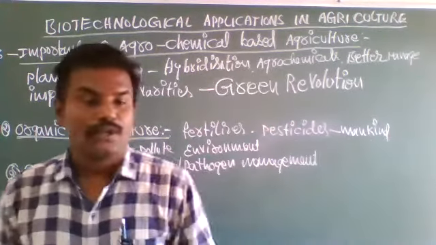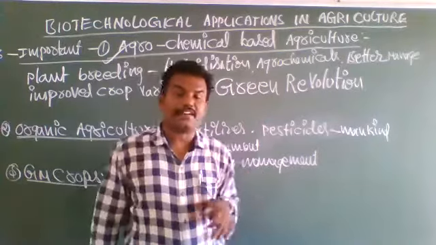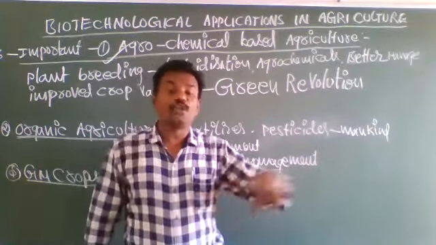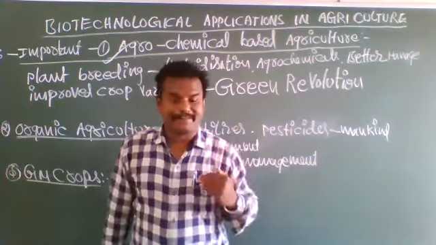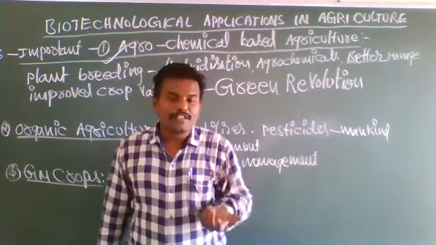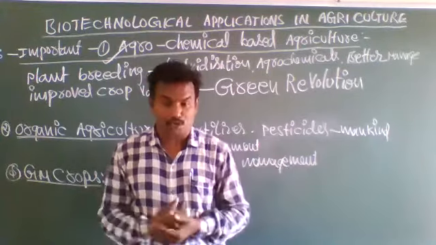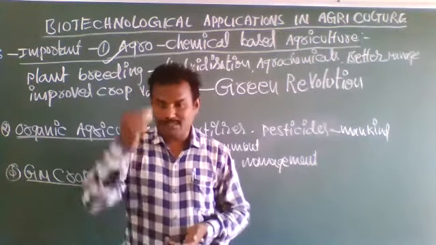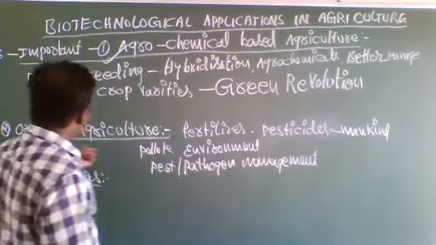At the initial stage, what kind of pathogens do we need to remove? What precautions do we have to take? At the time of fruit giving, and after crop harvesting, what kind of pathogens commonly attack those crops? We need that kind of knowledge. So that is called organic agriculture.